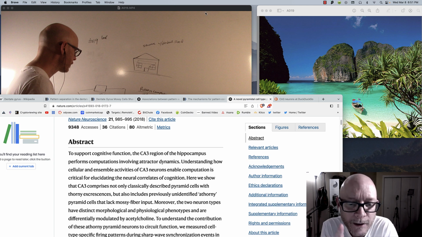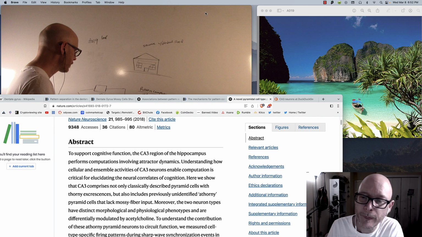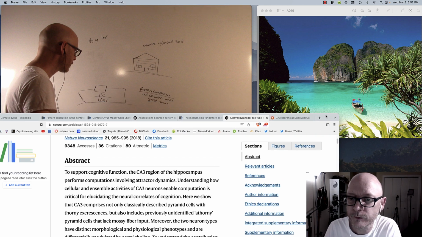So I can look at this area of the brain and say, yeah, I'm getting close to what I term the attractor mechanism in the hippocampus area. And I will also find the selector mechanism.